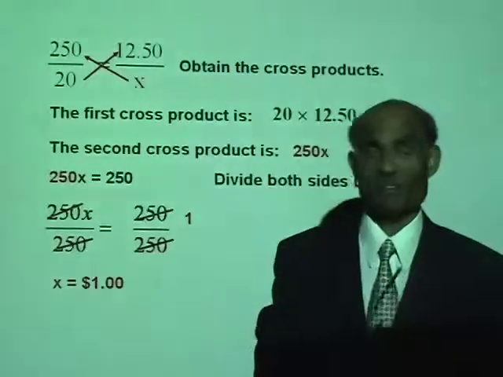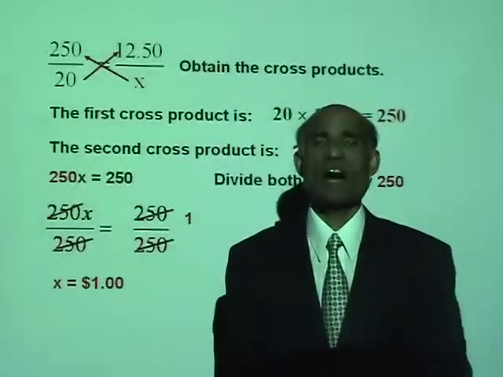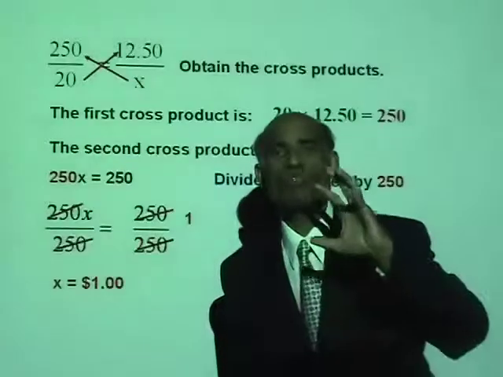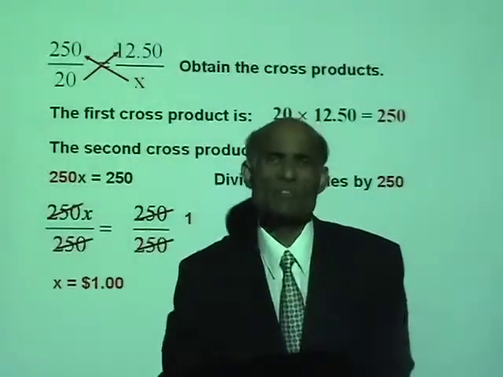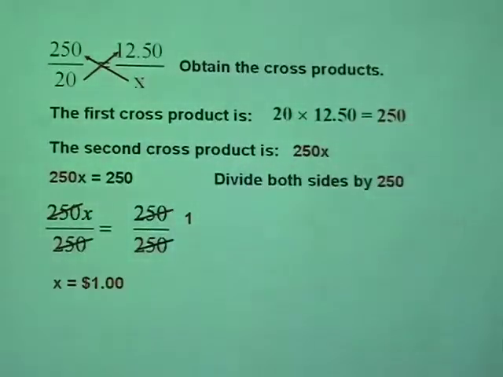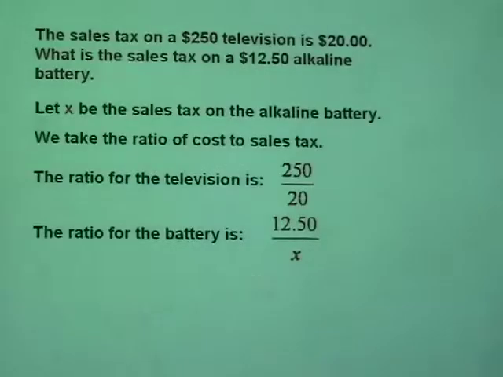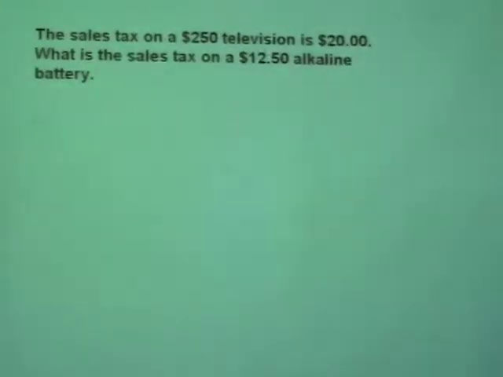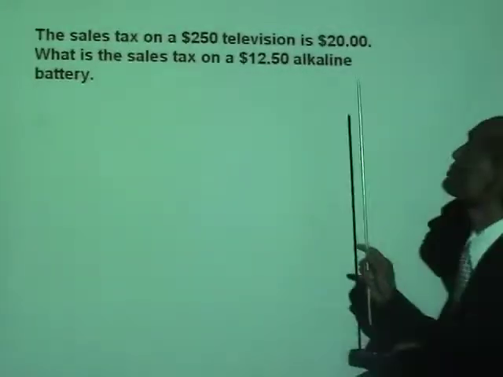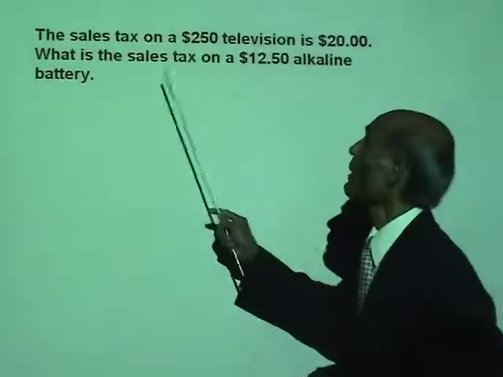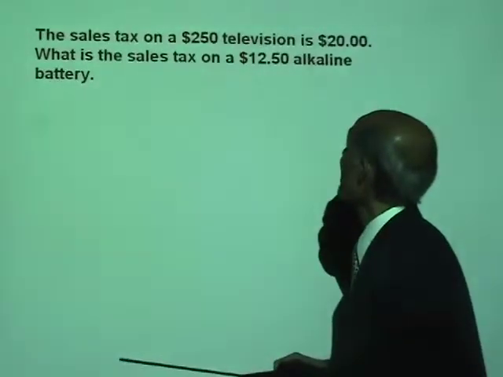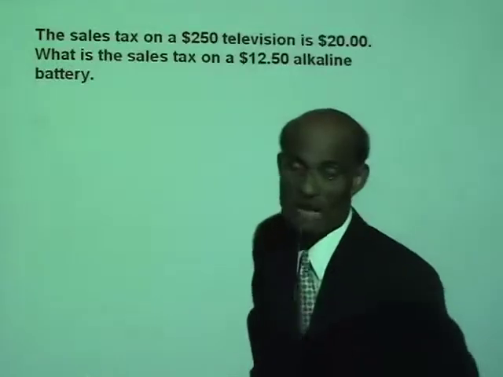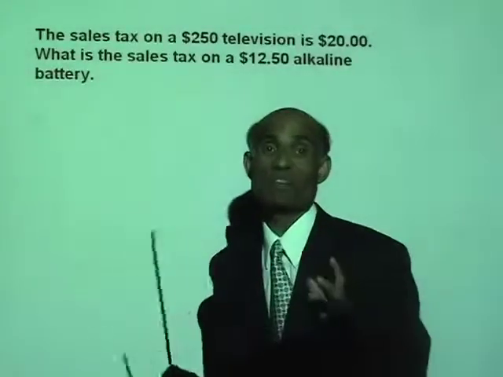Now, very often these kinds of questions are asked in the test or final exams in a slightly different way. Let me show you a way questions like this can appear in a multiple choice test. Now, this is the question. The sales tax on a $250 television is $20. What is the sales tax on a $12.50 alkaline battery? Now, the question will read like this.